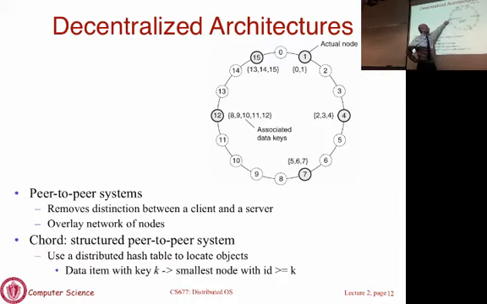Okay? 12, which was previously handling everything from 8 to 12, will now give some of its work to this new machine that has just joined the system. So 12 was servicing requests for all of this content, which goes from 8 through 12. A new machine comes in, you take this space and chop it up into 2.